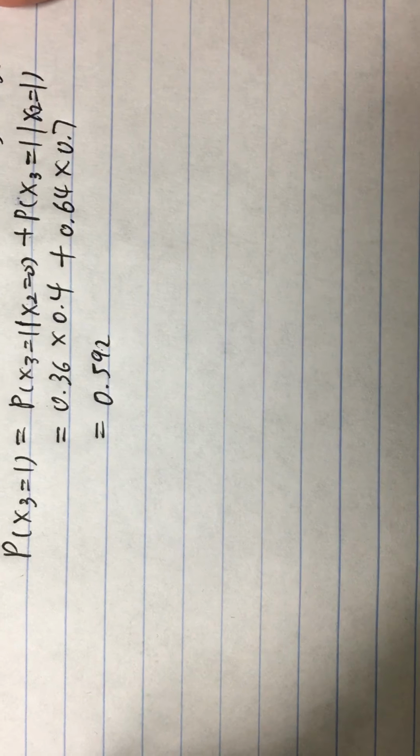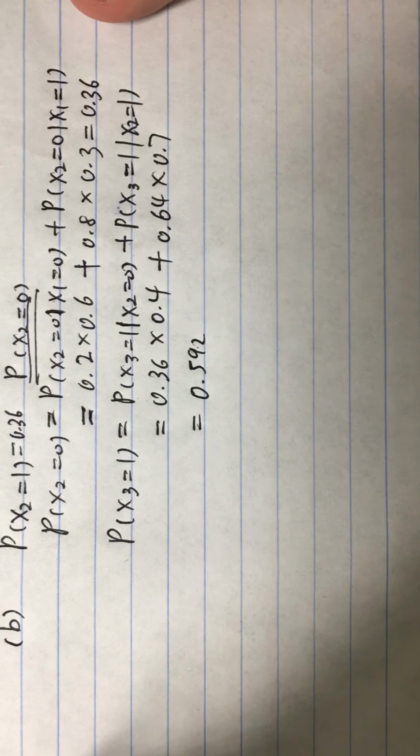Then we're going ahead to problem number C. Now in problem number C, we need to find the probability of x1 equals 0 when x3 equals 1.